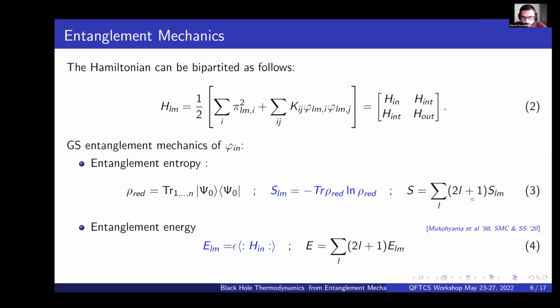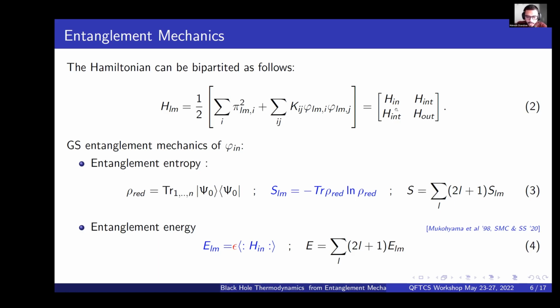And basically, we can also look at the total entropy of this system by adding the contributions of all the l and m modes. The second thing that we'll be looking at is the entanglement energy. So this was actually introduced first by Mukohyama in '98, and it basically looked at the normal ordered Hamiltonian corresponding to the degrees of freedom within phi in and taking its expectation value.